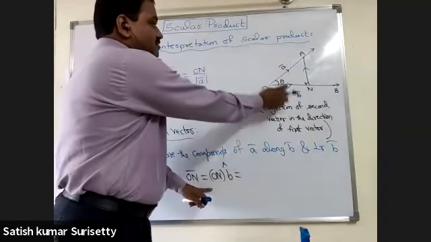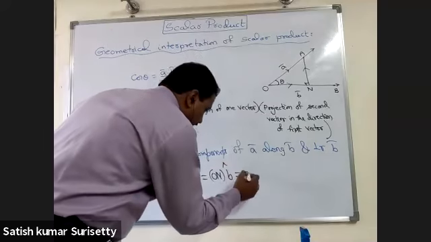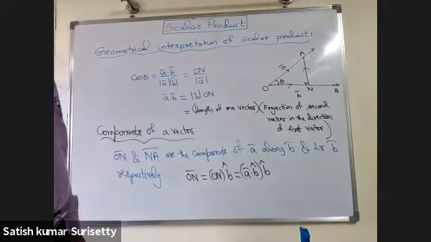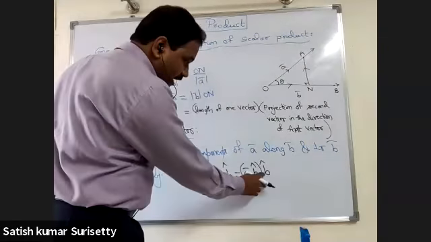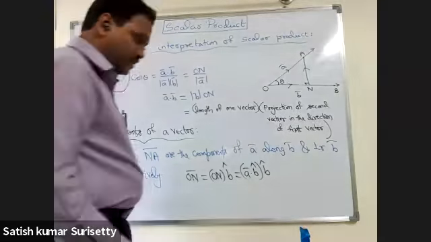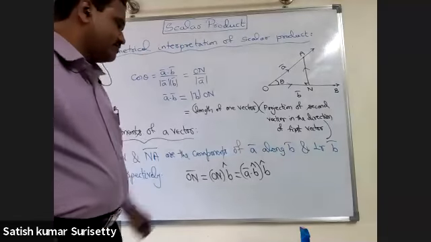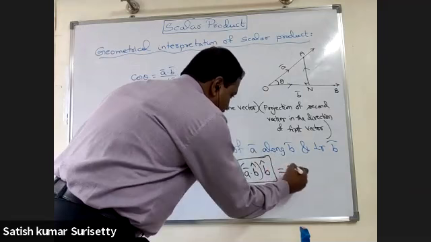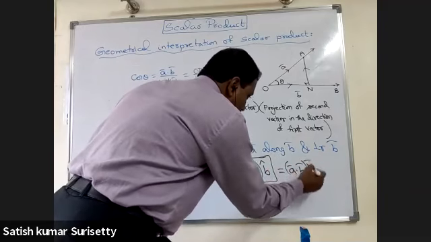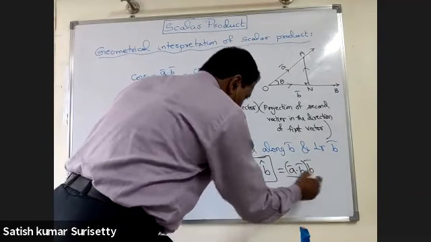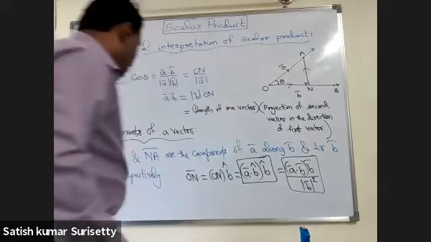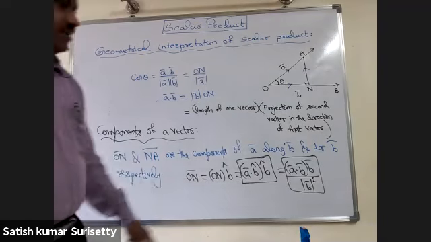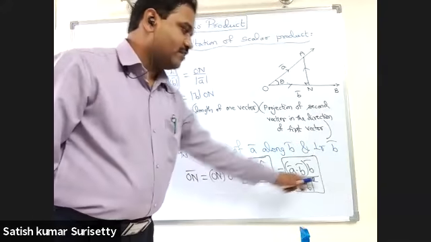Projection of A bar on B bar, which is the same as A bar dot B cap, into B cap. Now remember, don't put any dot here. A bar dot B cap into B cap only, because ON bar is a vector. Or another formula is A bar dot B bar into B bar upon modulus of B bar whole square. That is, the vector component of A bar along B bar is A bar dot B bar into B bar upon modulus of B bar whole square.